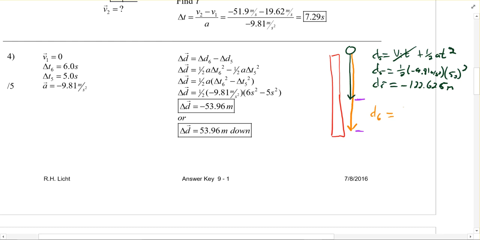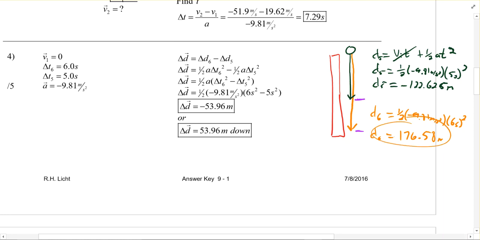D6 would be equal to 1/2 times negative 9.81 meters per second squared times 6 seconds squared. So D6 would be equal to negative 176.58 meters. Sorry.